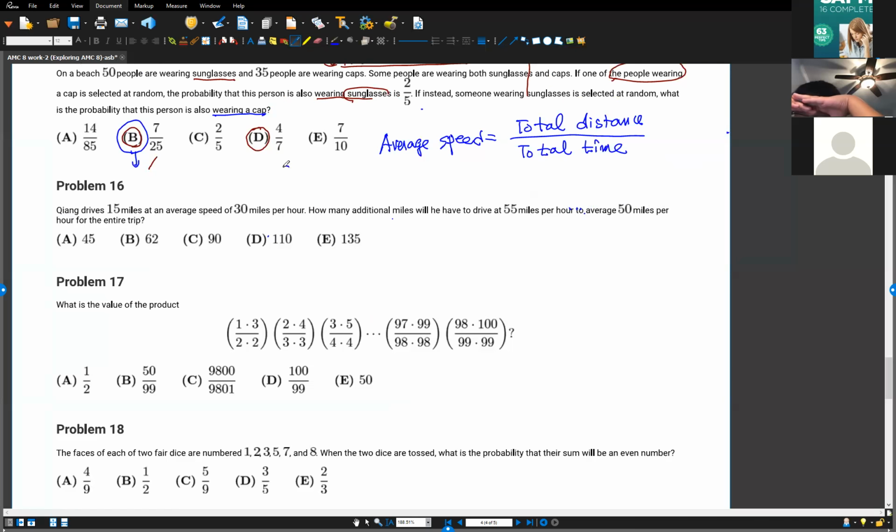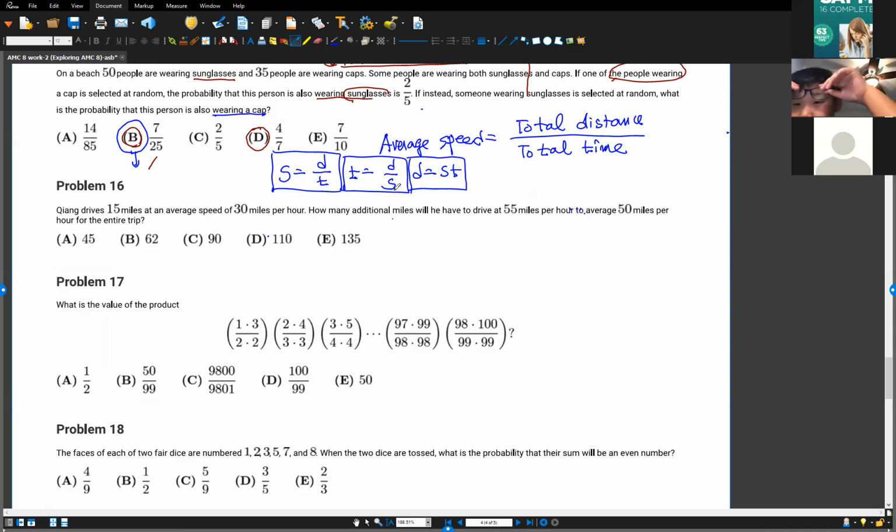We know that speed is distance over time, isn't it? Or time is what? Distance over speed, that is the time. And distance is what? Speed times time, that is the distance. Okay, you guys understand this one, right?